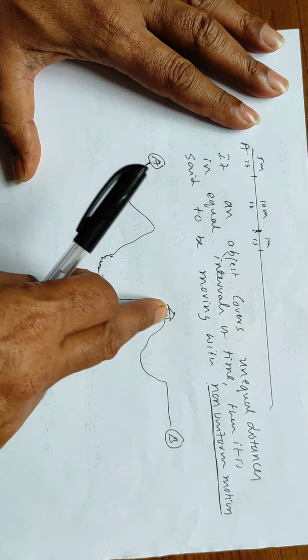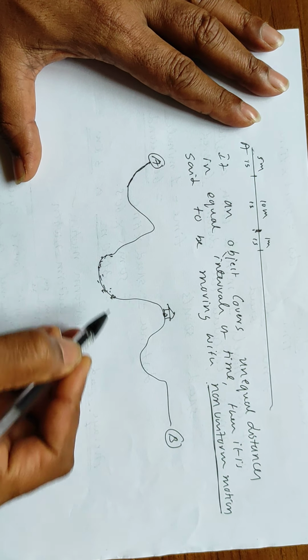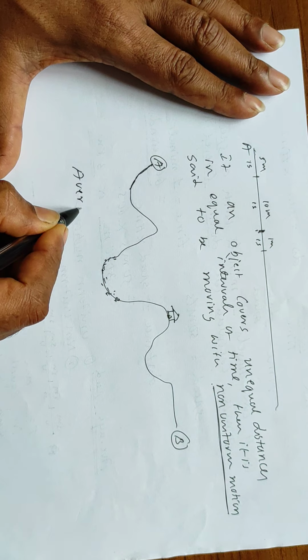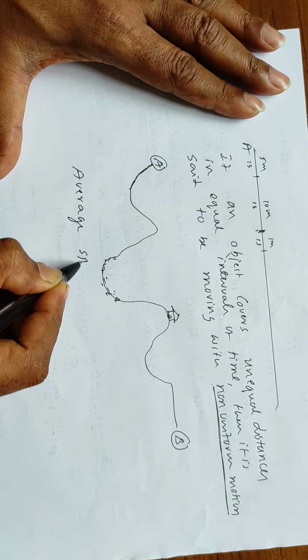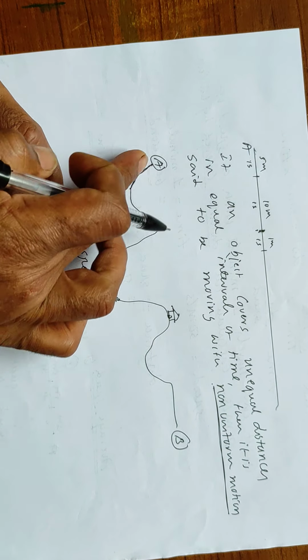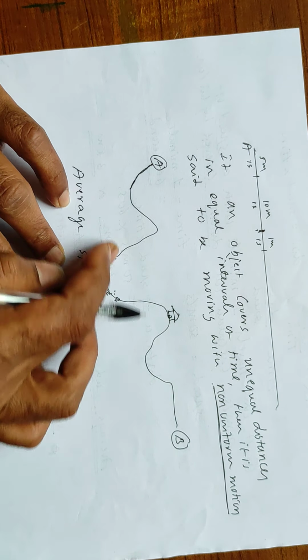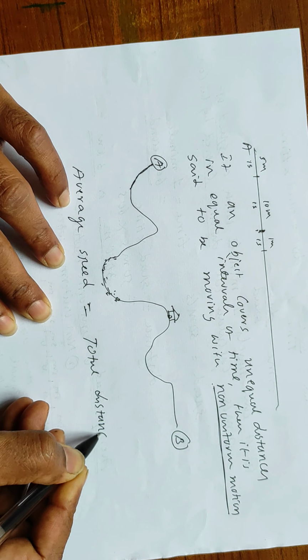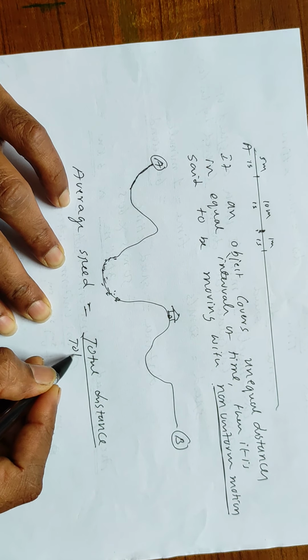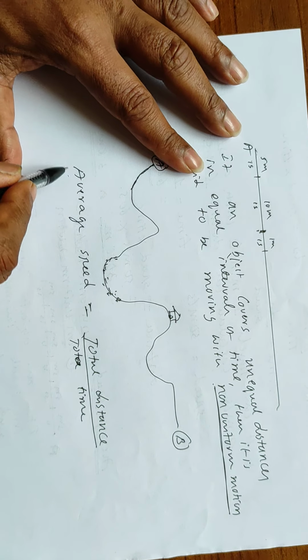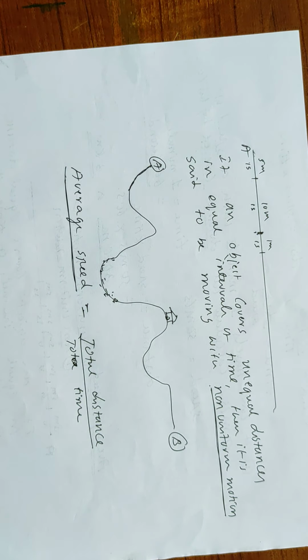Since the speed varies, we have to calculate average speed. Average speed is equal to the total distance and total time.